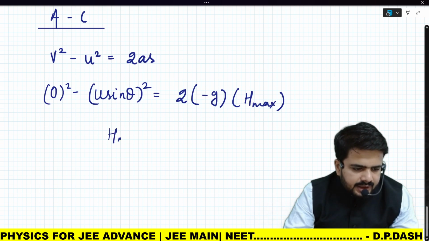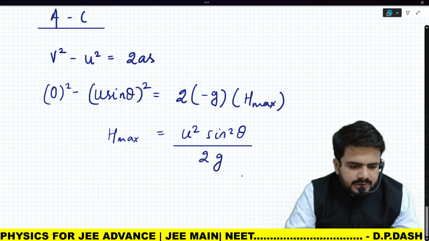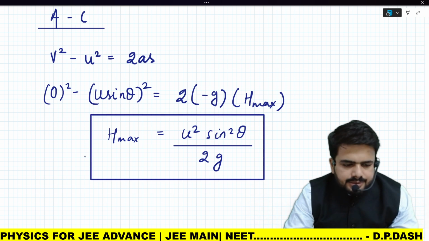So we get H max equals u square sin square theta by 2g. This is our H max formula.